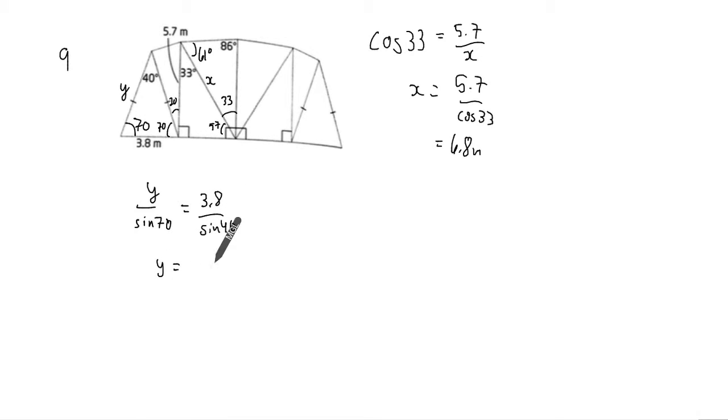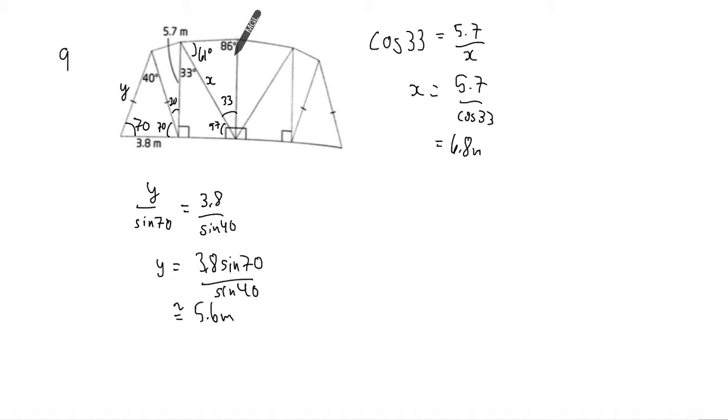Therefore, y is equal to 3.8 times sine of 70 over sine of 40, which roughly equals 5.6 meters. So we have 5.6, 5.6, 5.7, and 6.8.